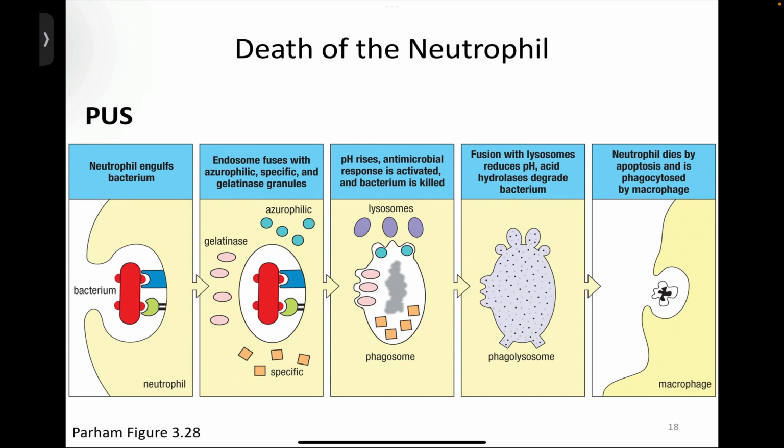So what color do you think dead neutrophils are? White. You know how sometimes when you have a cut and it's healing and there's that white goop all over it? That's just the dead neutrophils. It's called pus. Pus is just a collection of dead neutrophils that are made at the end of one of these responses. So you actually knew that all along. You just didn't know what was going on there.